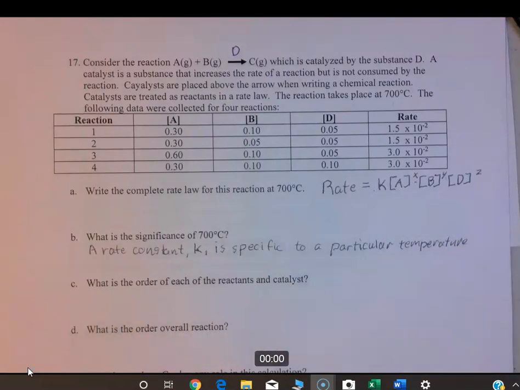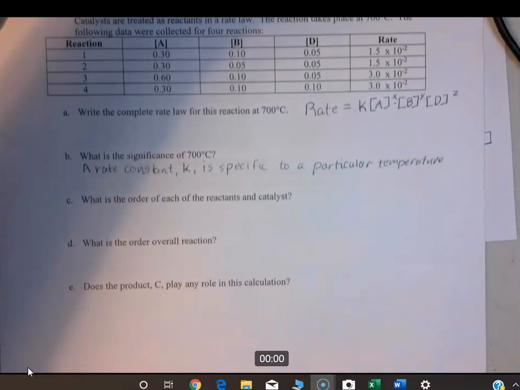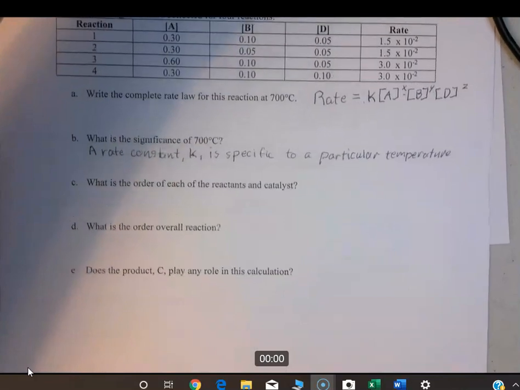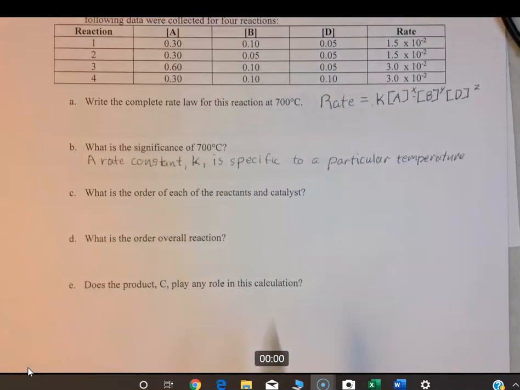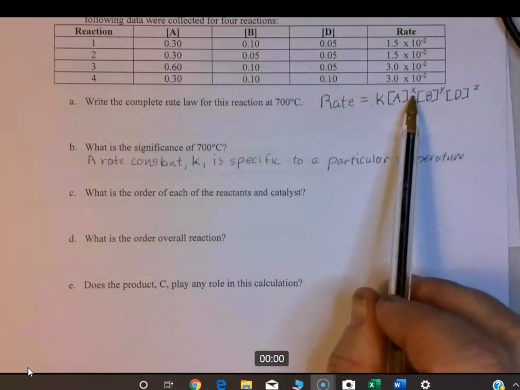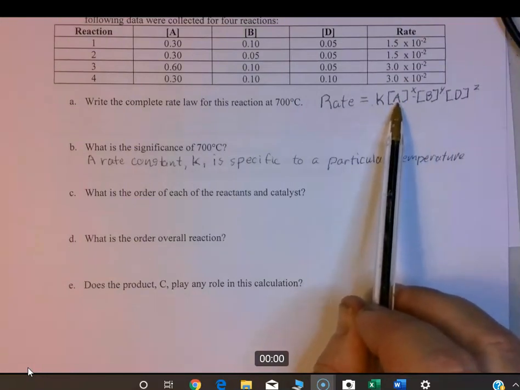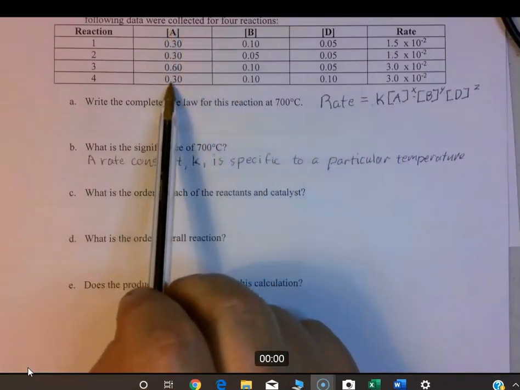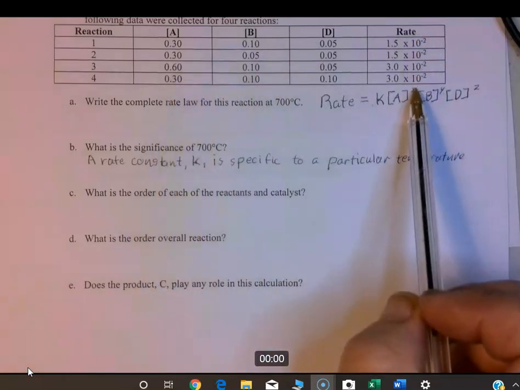Okay, what is the order? Well, first of all, we have to figure out the rate constant. This takes a little bit of number crunching, so I'm going to do it down at the bottom of the page where I have some more space, and at the same time be sure I keep this table on. What we need to do to find X is first calculate it for reactant A. We need to find out when A changes, how does the rate change?